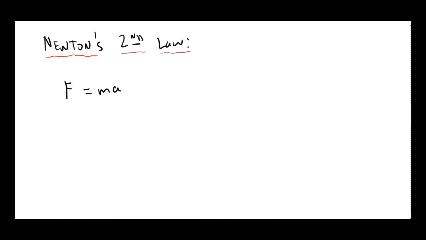So before I derive the equation for the rotational second law, this was the linear version, right? And we'd like to have a rotational version. So maybe we've got some kind of a ball on the end of a rod. Here's the rod, and here's the axis, and we've got some ball here.